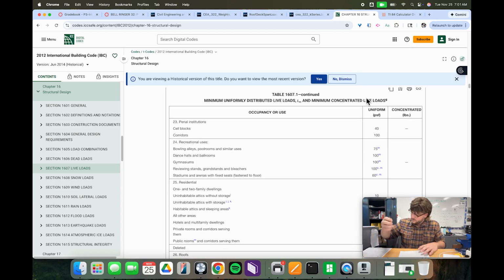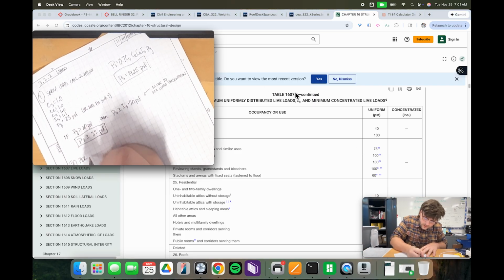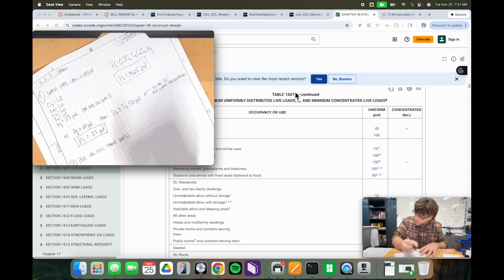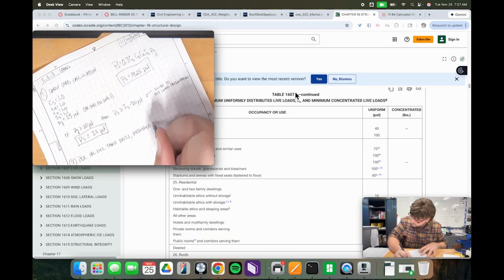And so what we can write down here for number 2, per table 1607.1 in IBC 2012, required live load for roof.